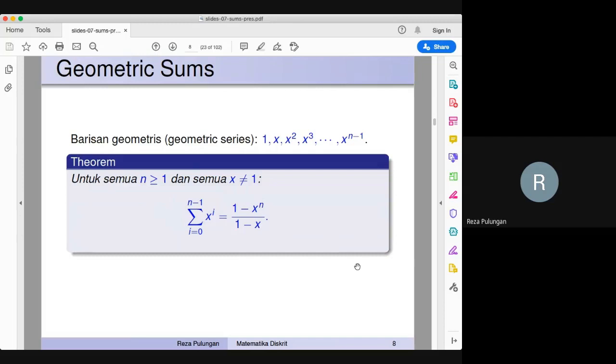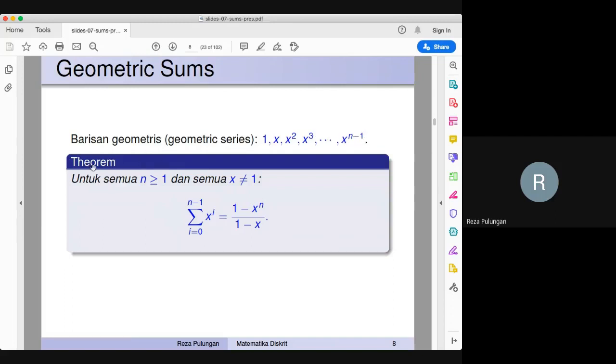This is what we call the geometric sum. A geometric sum is if you sum a geometric sequence or a geometric series. A geometric series is something like this: 1, x, x squared, x to the power of 3, and so forth until x to the power of n minus 1.